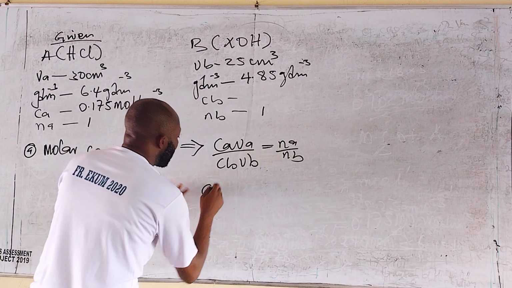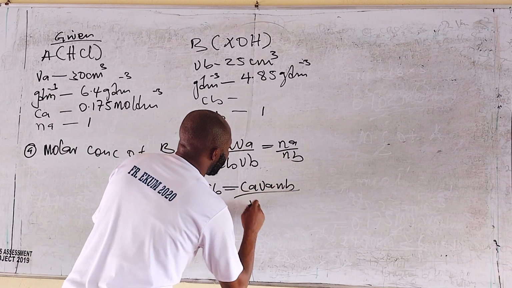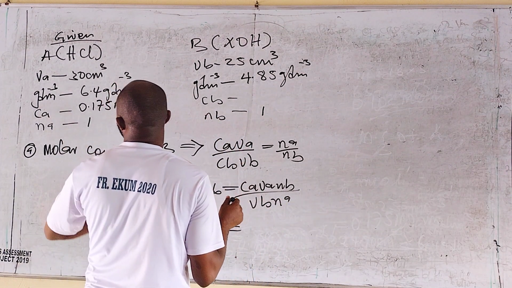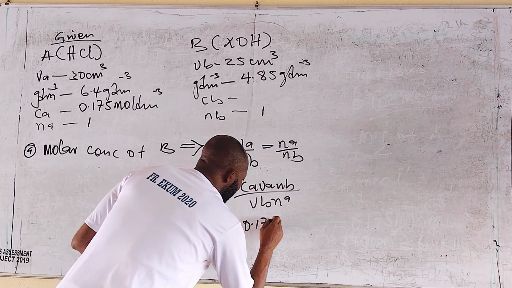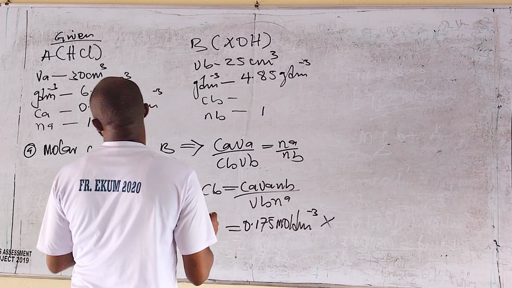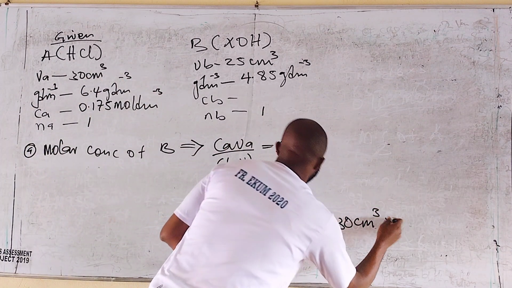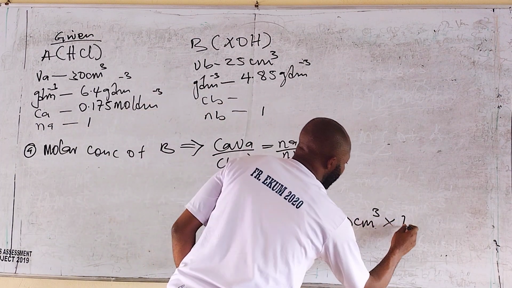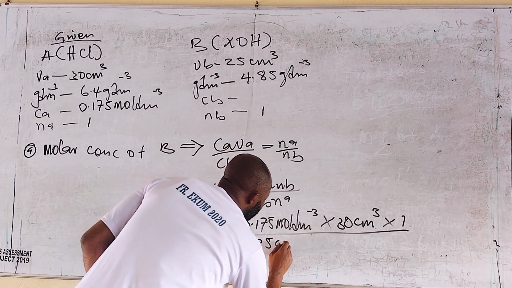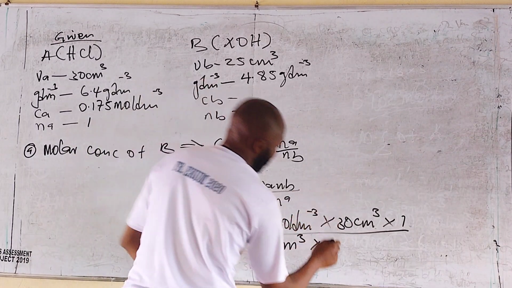I'm looking for CB, so CB equals CAVA NB over VBNA. This equals concentration of the acid, 0.175 mol/dm³, and volume of the acid is 30 cm³. Number of moles of acid is 1, over volume of the base, 25 cm³, times number of moles of the acid, which is 1.